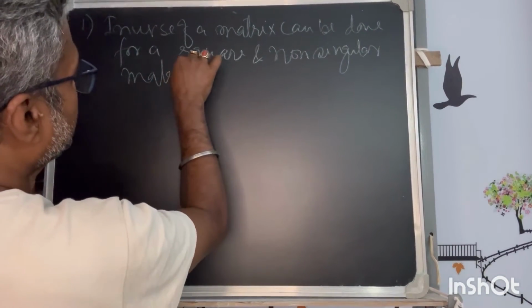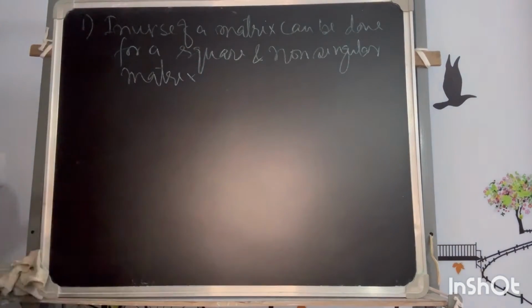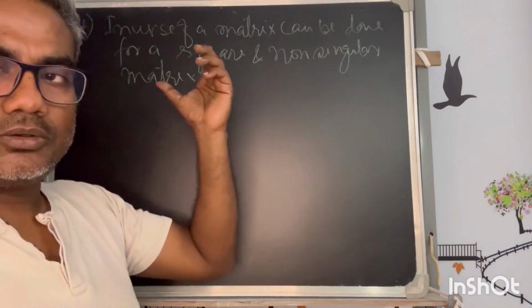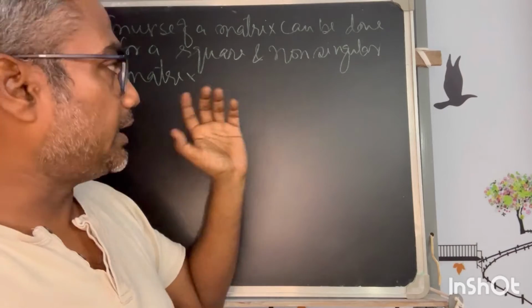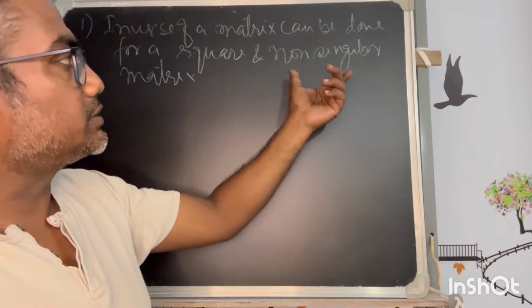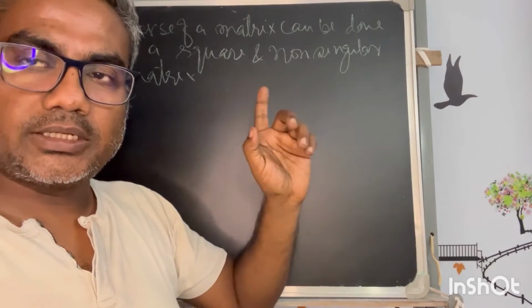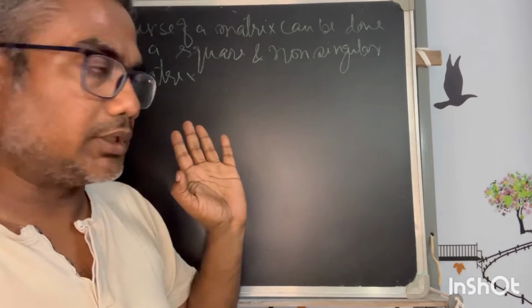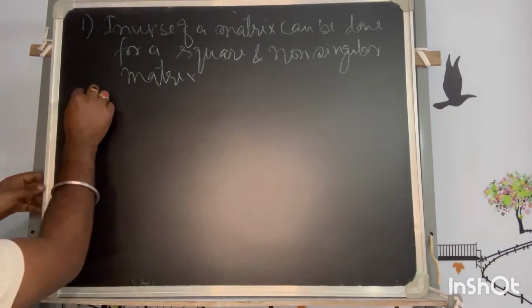Okay, this is one declaration that has to be understood. Square means where your row and column are same. The matrix that you will start with has to be a square matrix and non-singular. That should not carry only one element. Okay, so that's the declaration.